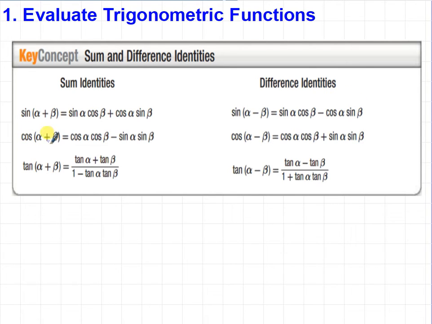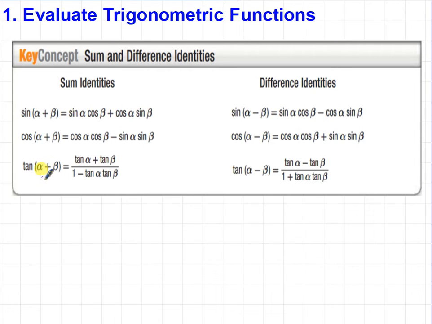While cosine a plus b is equal to cosine a cosine b minus sine a sine b. Here the plus sign changes into minus. Cosine a minus b is cosine a cosine b plus sine a sine b. Also here the minus sign changes into a plus.